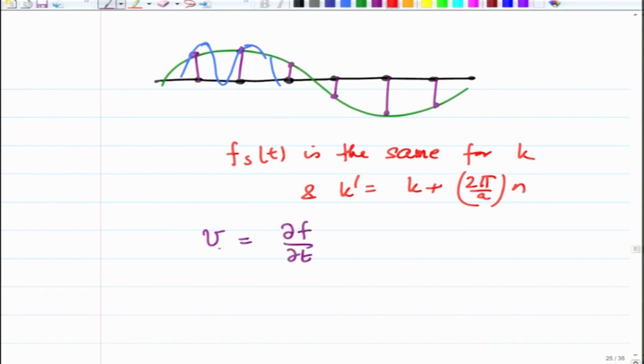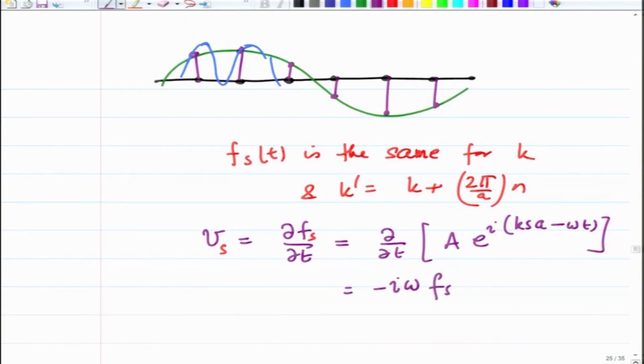Let me put a subscript s here just to show for the sth position, and this is d by dt of a e raised to I k s a minus omega t, which is nothing but minus I omega f s t.